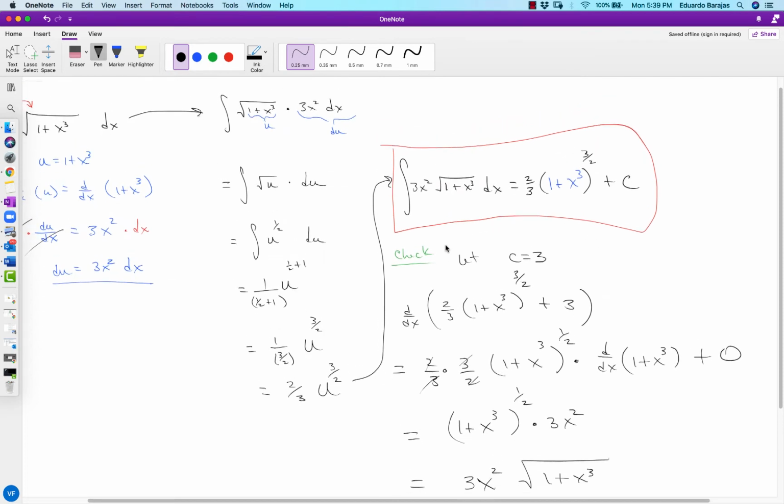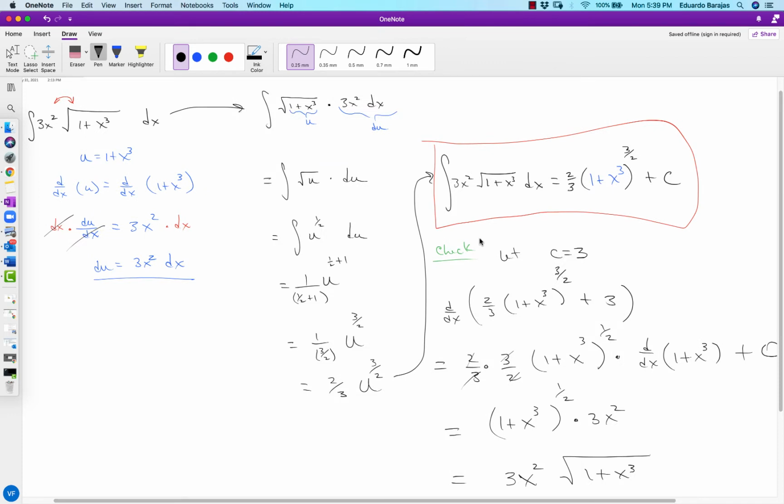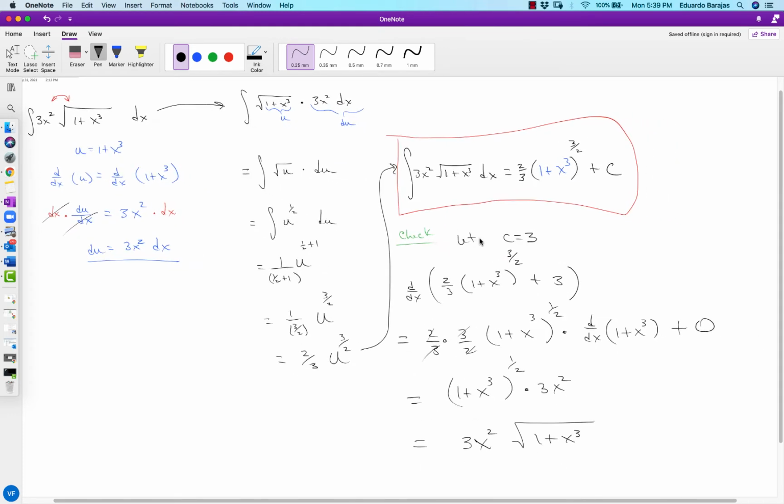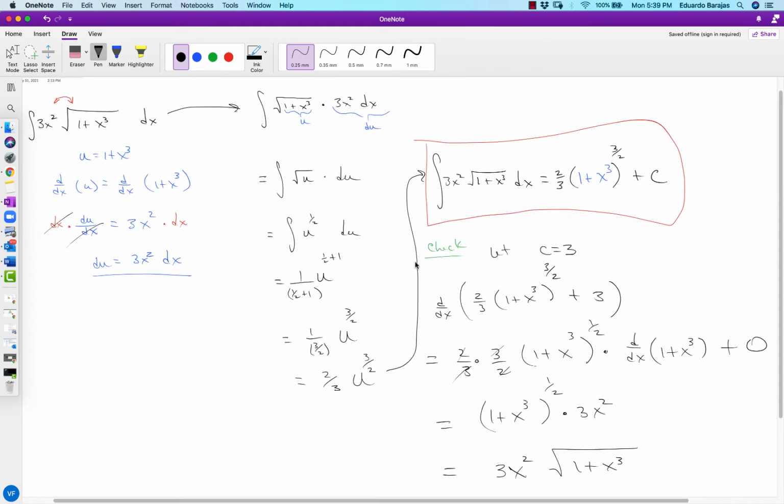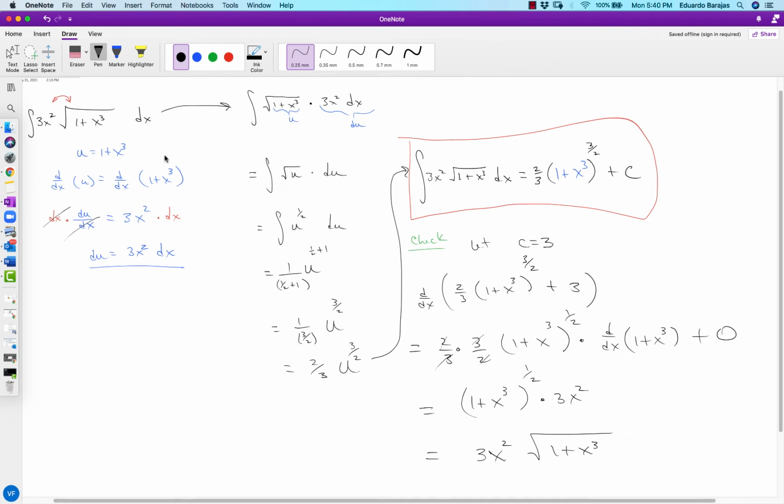Okay, so this is the general layout for this method called the substitution method. We're going to have an integrand that's going to be kind of ugly, kind of complicated. We're going to choose the right value for u, and that can be kind of the hard part. How do you choose which value of u is going to work? That's when a little bit of practice and experience pays off.